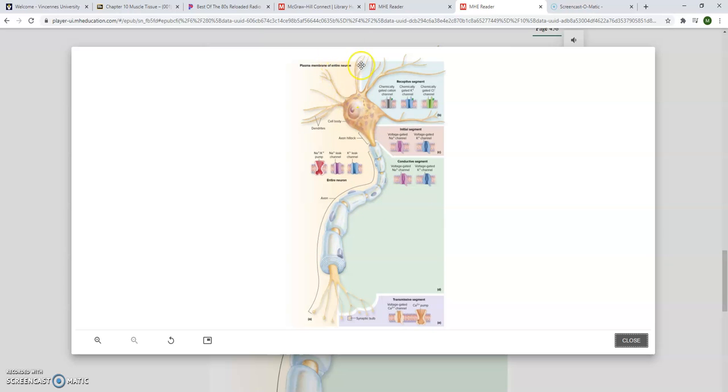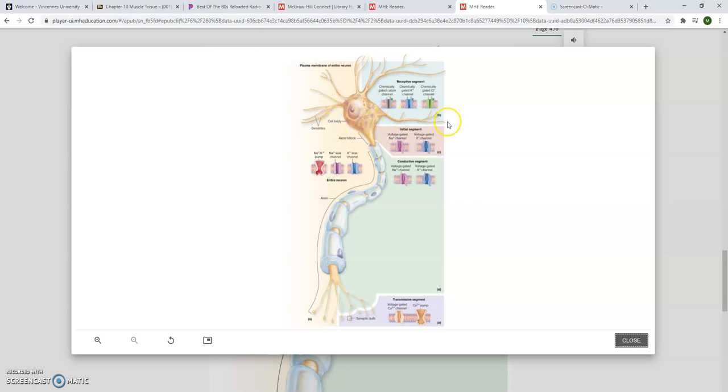The three basic parts of any neuron: they always have a cell body, the widest or largest part of a neuron. In that cell body is where you'll find the nucleus, and they will have just one nucleus. You can see some organelles in there as well. So that's the cell body.